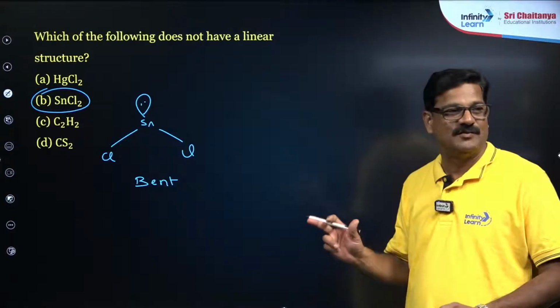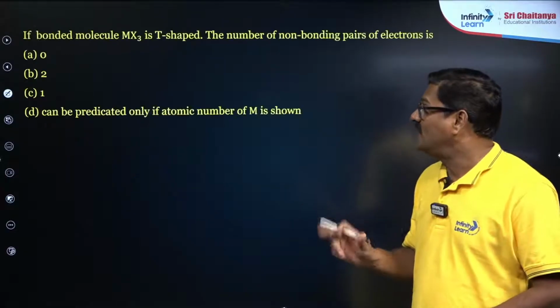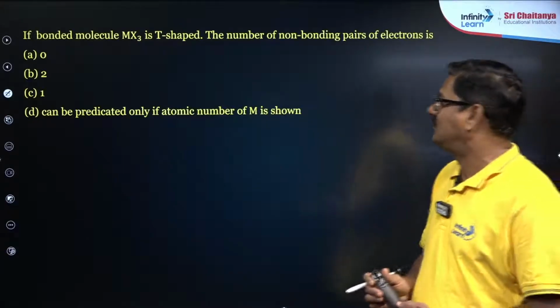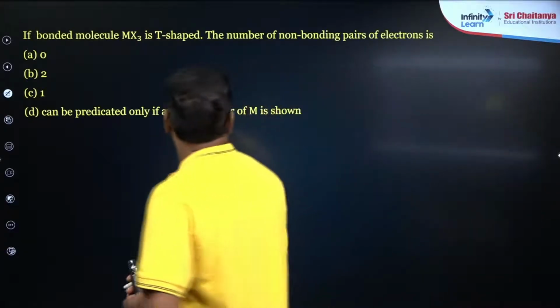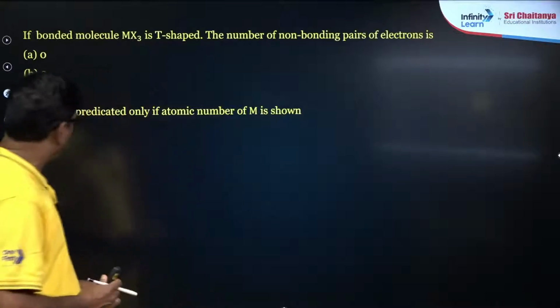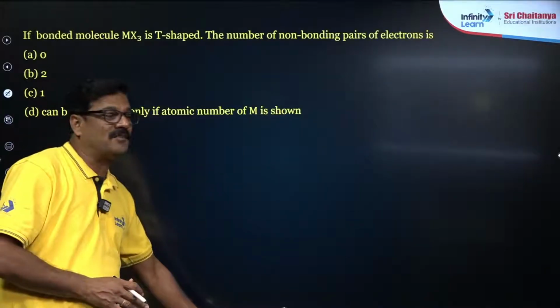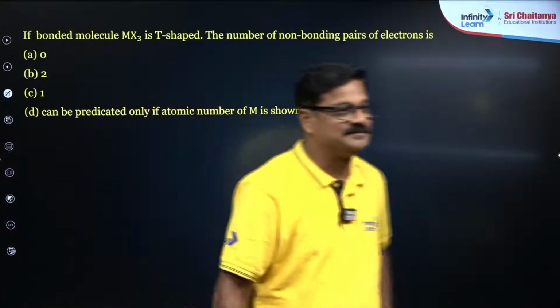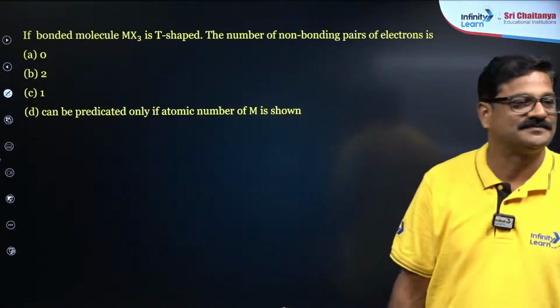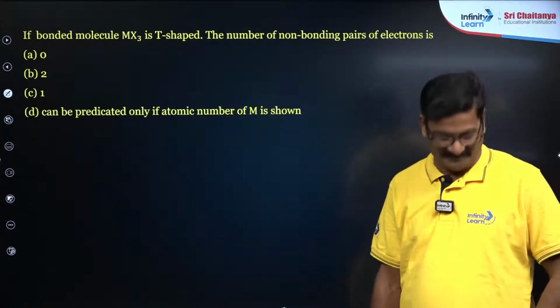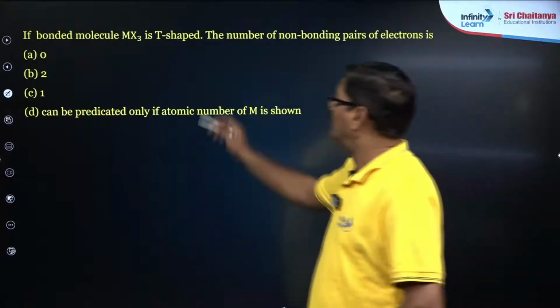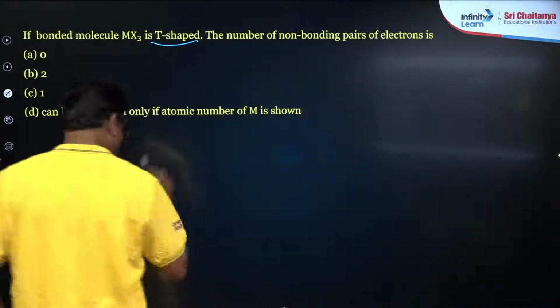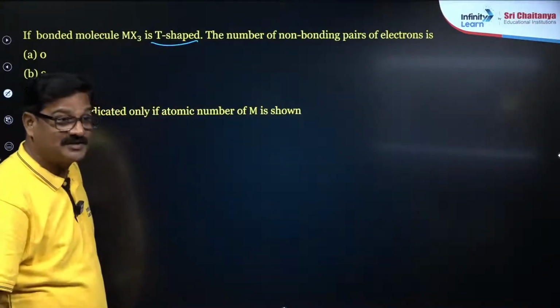Right. So we'll do some more questions. And if the bonded molecule MX3 is T-shaped, the number of non-bonding pairs of electrons? T-shaped वाला molecule मान लो, आपको एक example देके explanation करना चाहता हूं.